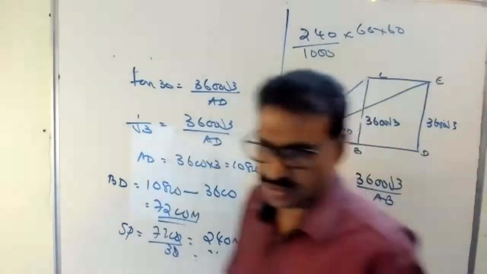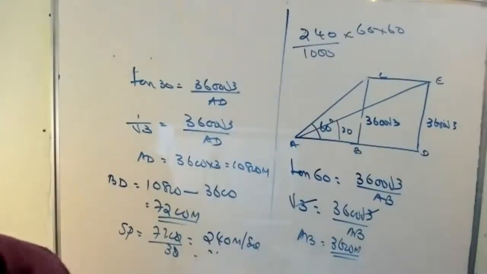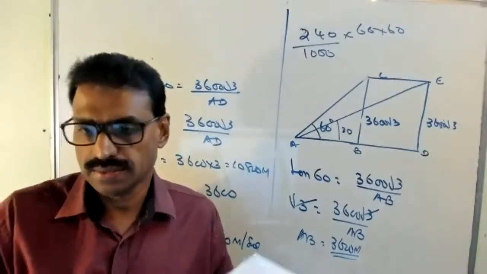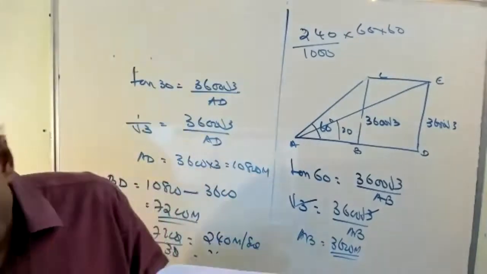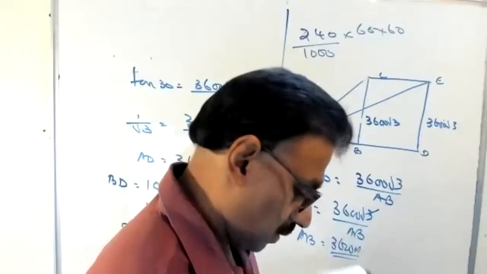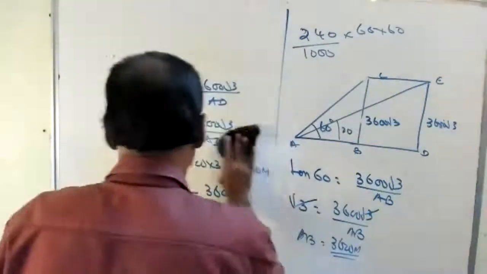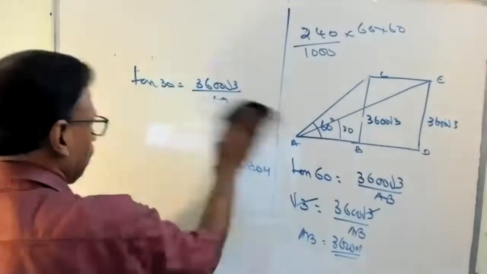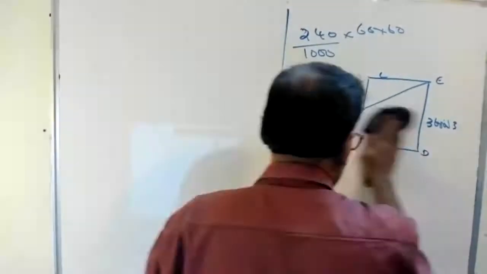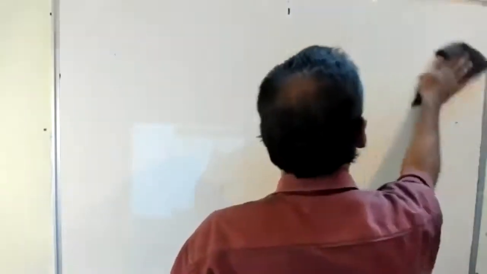Okay, so next question. The angle of depression of the top and bottom of a 50-meter high building.